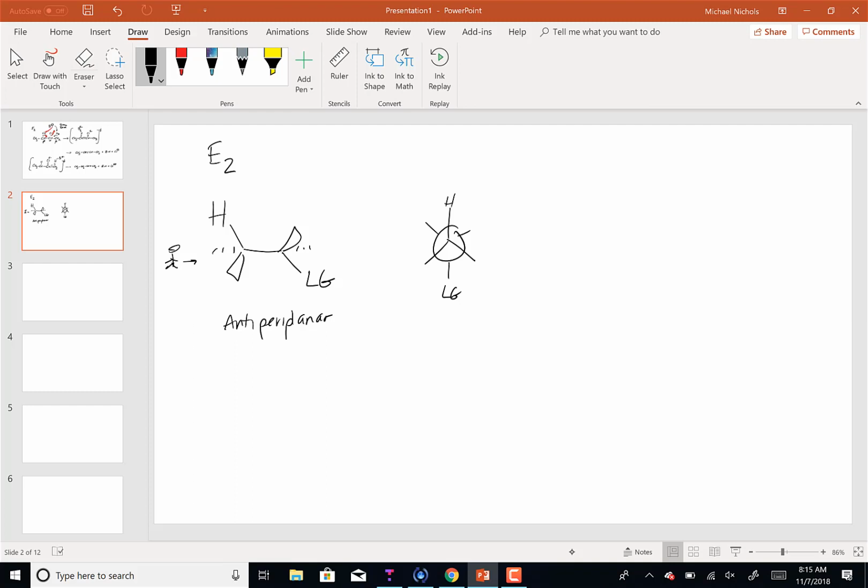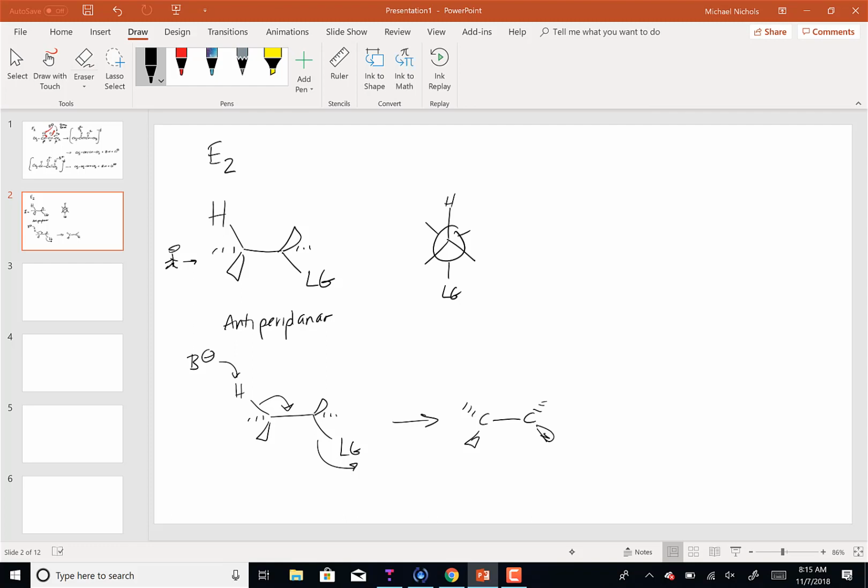And the reason for that is to minimize the amount of orbital movement to form the final product. And what I mean by that is this, if I'm just going to rewrite this structure, only that when the base comes in, grabs that anti-periplanar hydrogen, the pair of electrons moves here, and the leaving group goes there. What I'm doing is I'm forming a double bond.